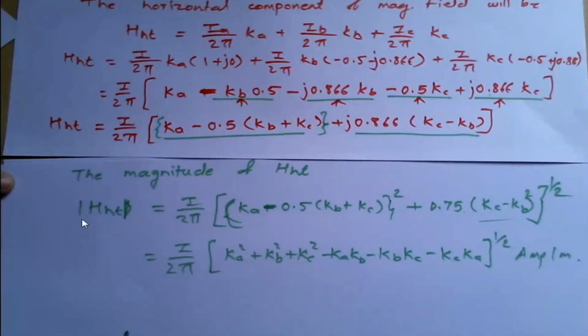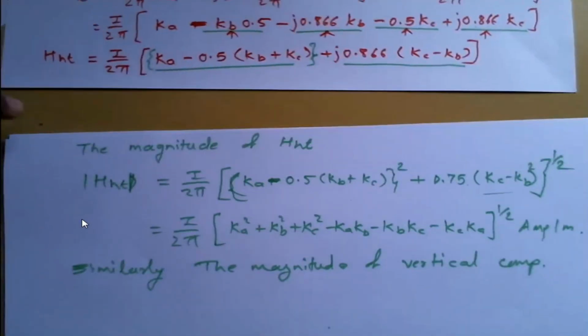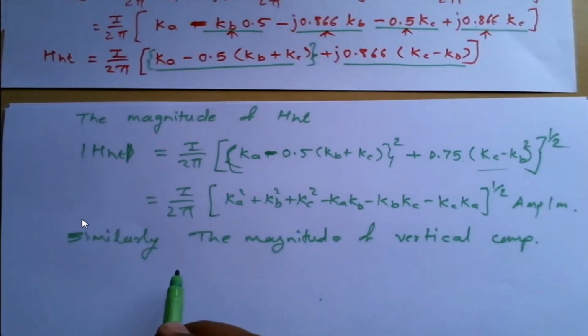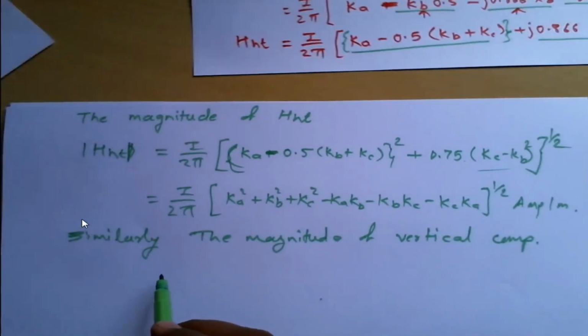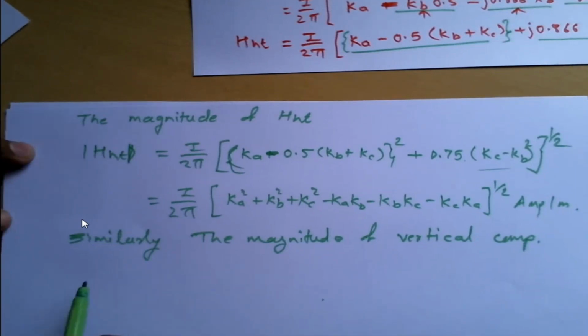Same way, if I'm going to find out the magnitude of the vertical component, I will just write down the value directly. For time, after a particular point, you can solve it by yourself. It will be H of Vt, the magnitude of the vertical component.